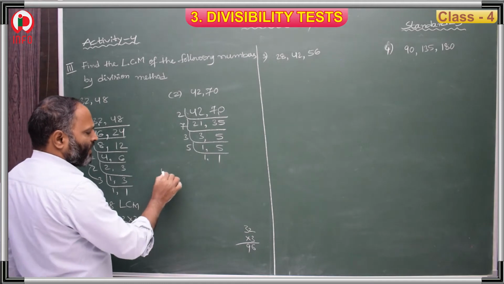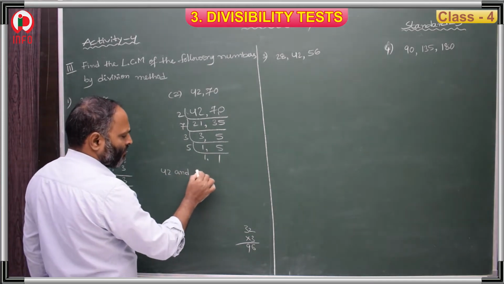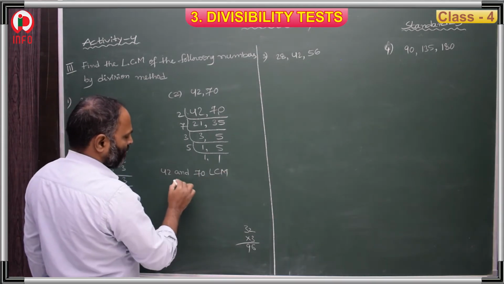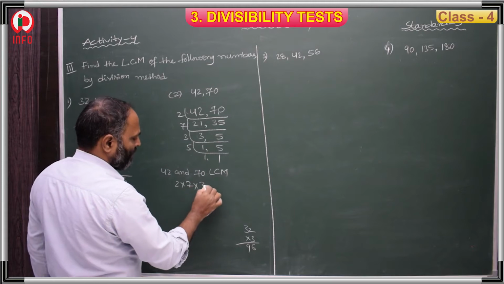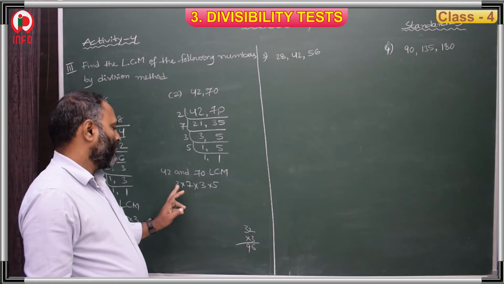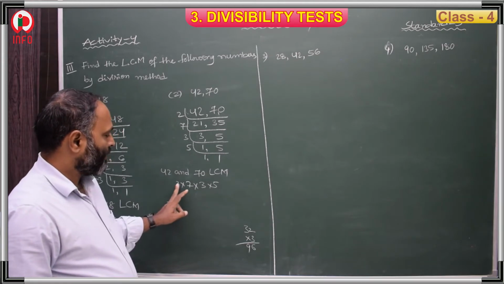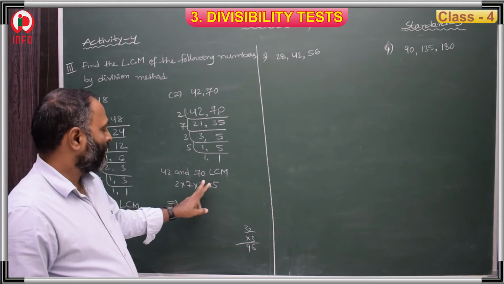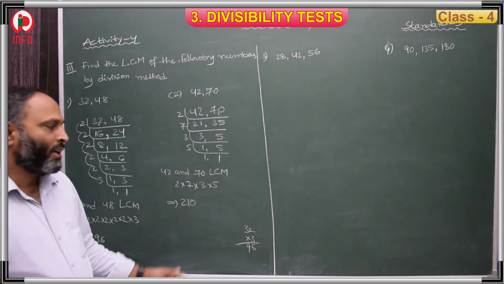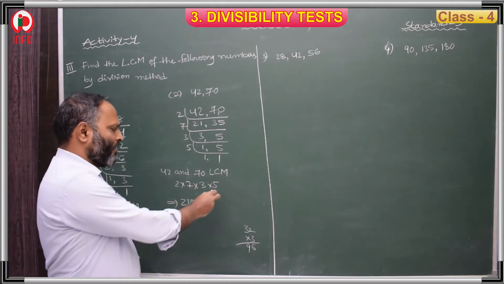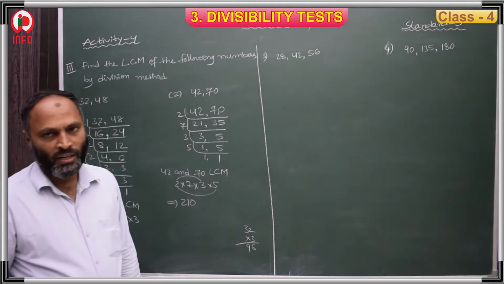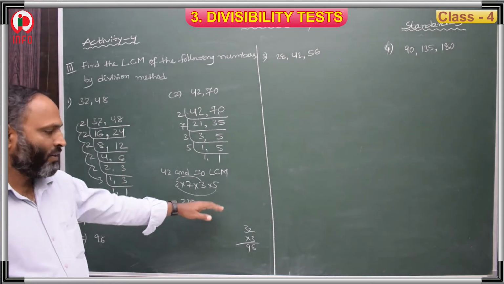Now the LCM of 42 and 70 is 2 into 7 into 3 into 5. Now multiply in the easiest way. First 5 twos are 10, 10 threes are 30, 30 sevens are 210.